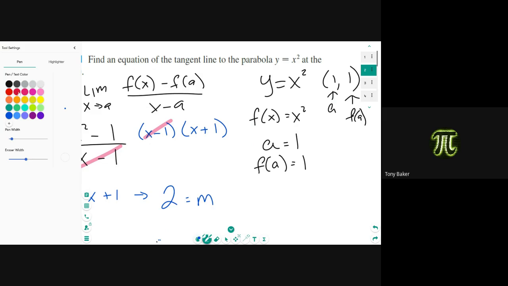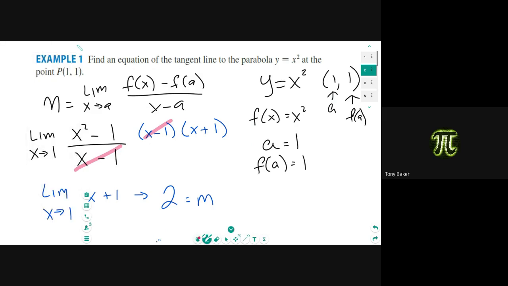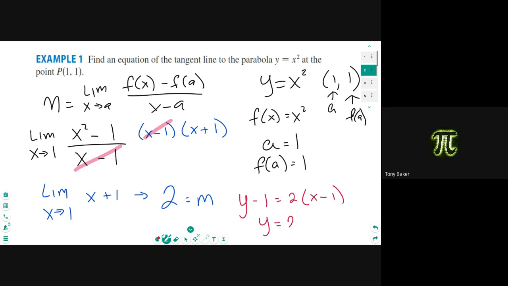So then if I want to find my equation, we can use the point slope equation. So it's y minus 1 equals 2, x minus 1. So y equals 2x minus 1.